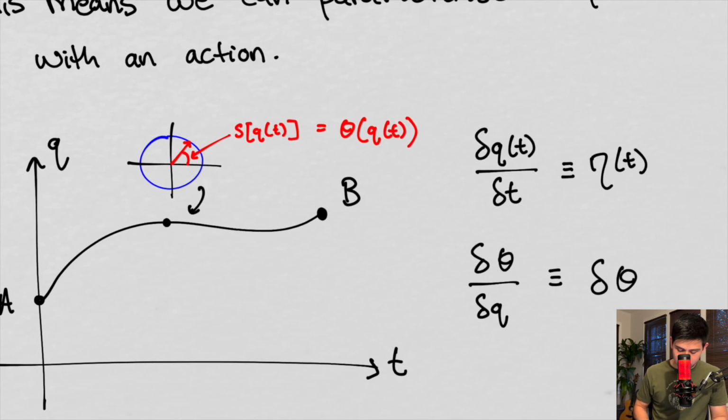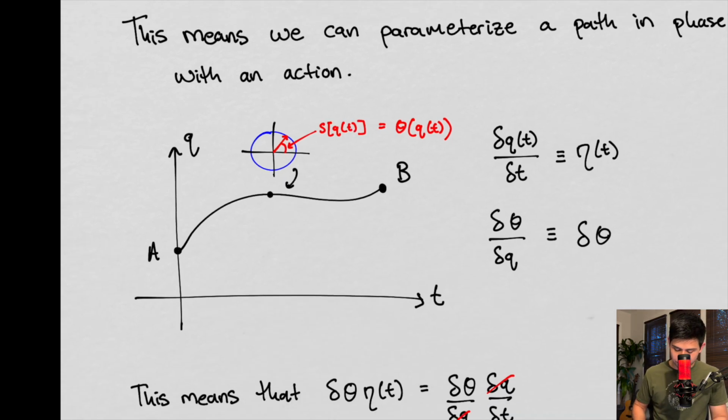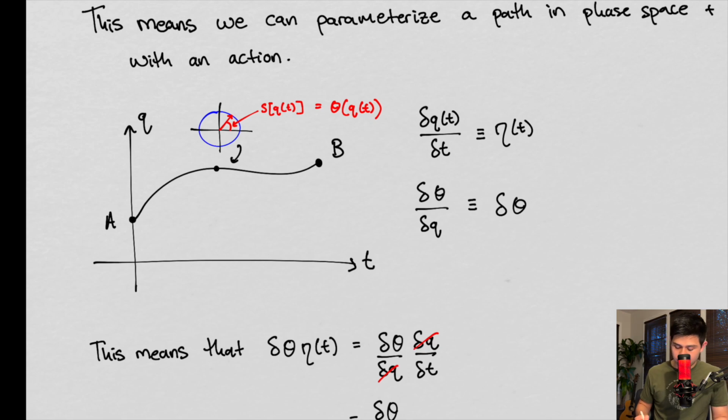What I'm going to do here is just rebrand S as theta, because we're thinking about the action itself as an angle in imaginary space. Two things we want to keep track of are the change of the states with respect to time, which we're going to define as eta of t, and the change in the angle with respect to the change in the state, which is going to be delta angle.